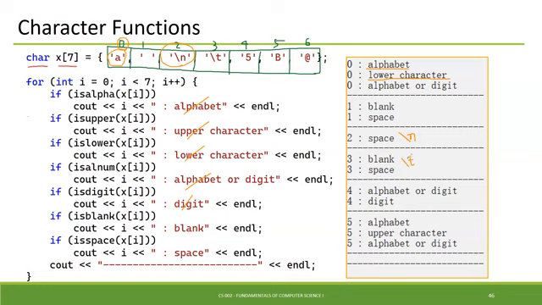Sometimes there is some difference, but usually if you have a space, this is blank or this is space. Most of the time you will check whether the given letter is a space or not. And at this time blank and space are the same. Yeah, you can check everything. Any question?